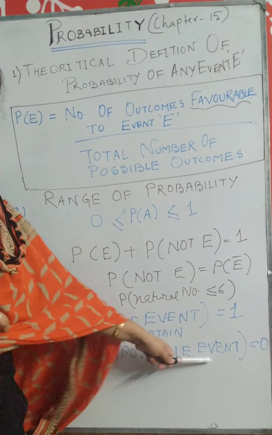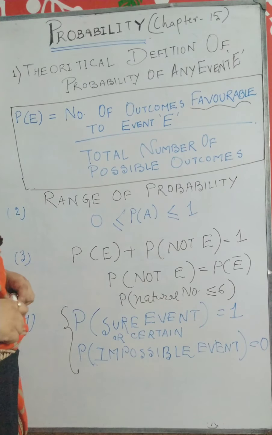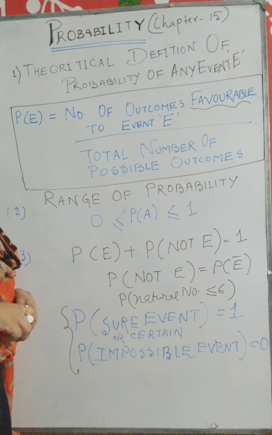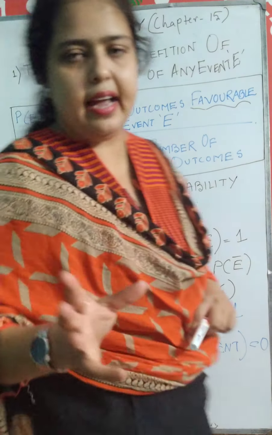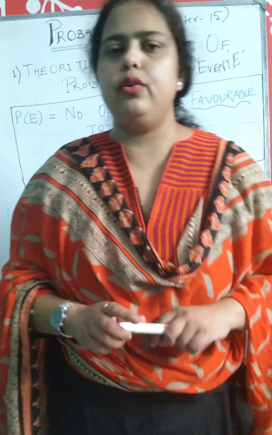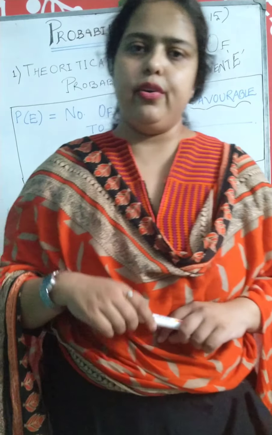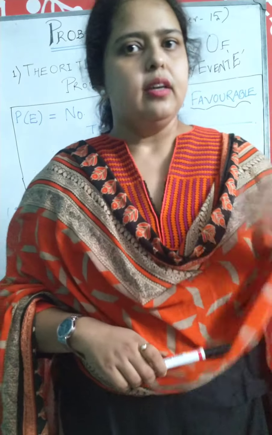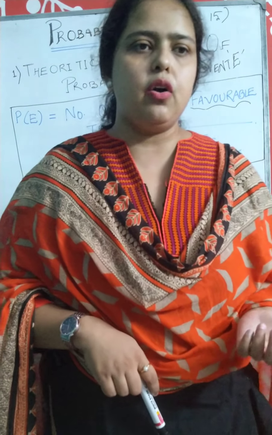And the impossible event is the one which you are never going to receive. For example, after tossing a coin, either you are going to get head or tail. Are you going to get 1 after tossing a coin? No, you are not.